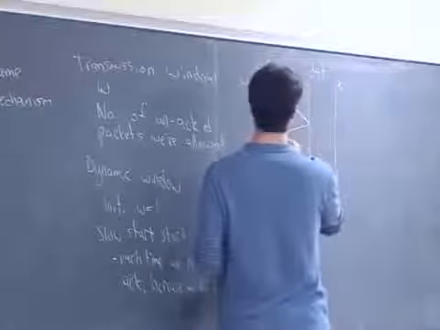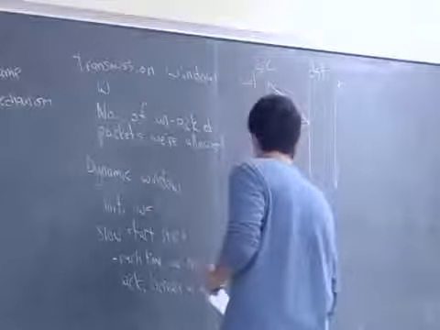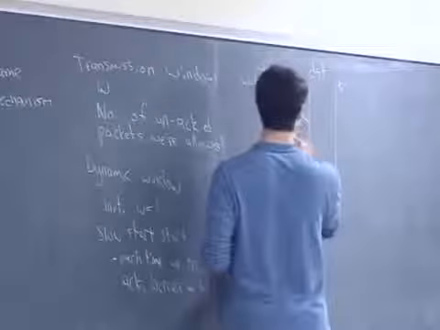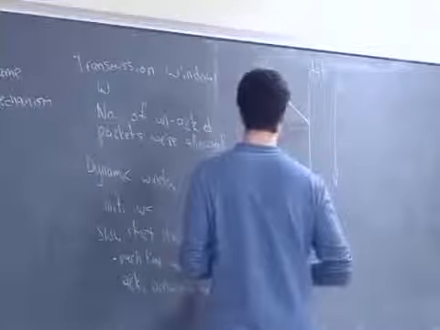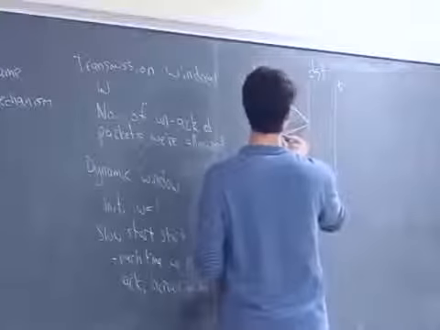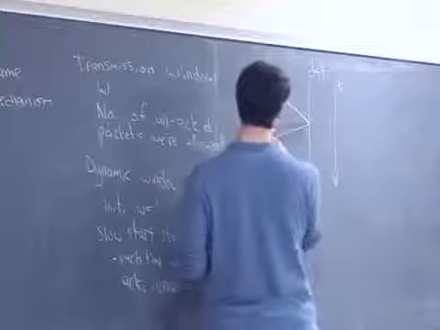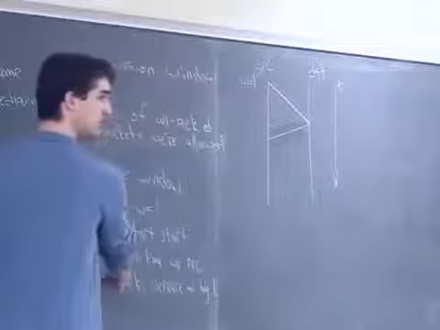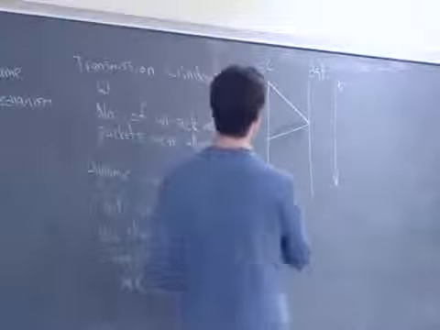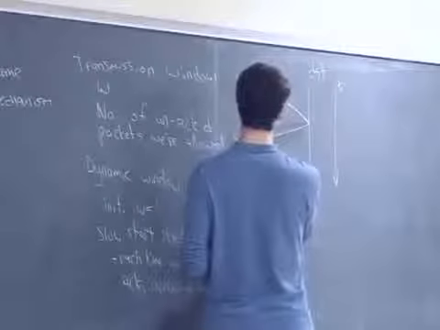Now, once we receive this acknowledgement, oh, wait, sorry, let me draw this in a different color to simplify things. Once we receive this acknowledgement here, we follow this rule and add 1 to our window size. So now our window size is equal to 2.